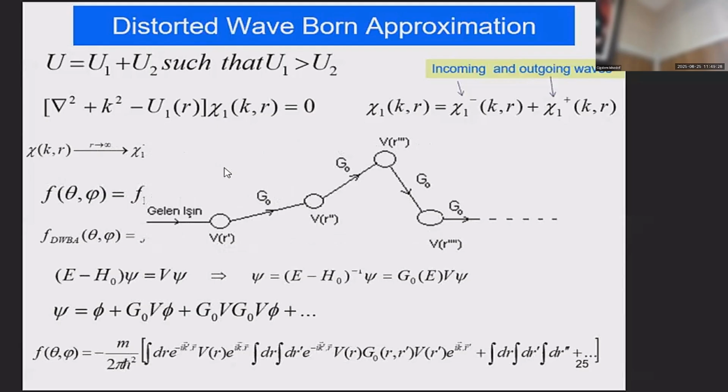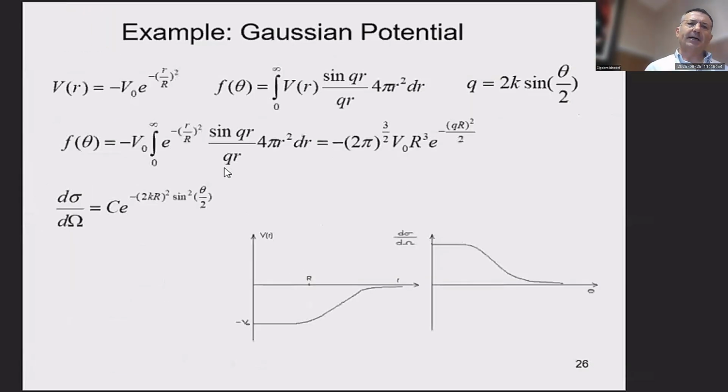For this one, this is the incoming wave, this is the potential field, and this is the outgoing wave, so that you can iterate more and more, covering elastic scattering plus inelastic scattering and other transfer processes. This is called the Born approximation. It is a very simple and effective way.